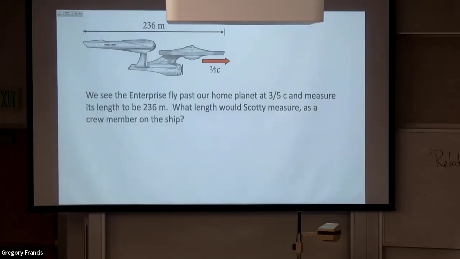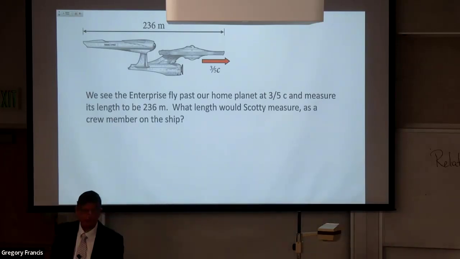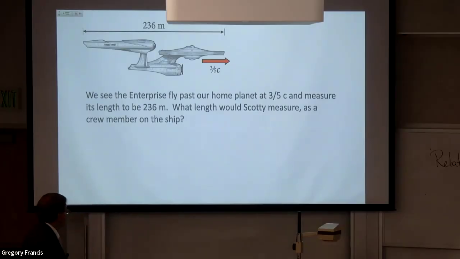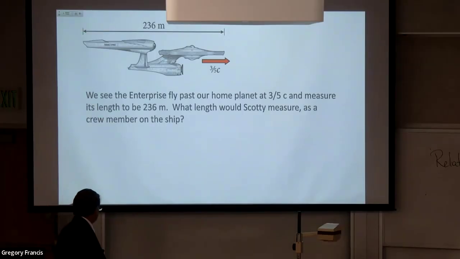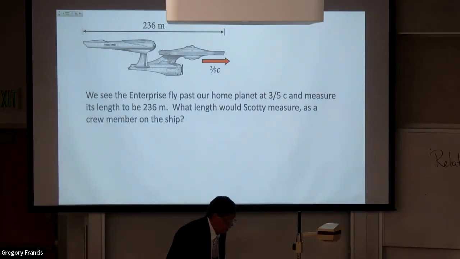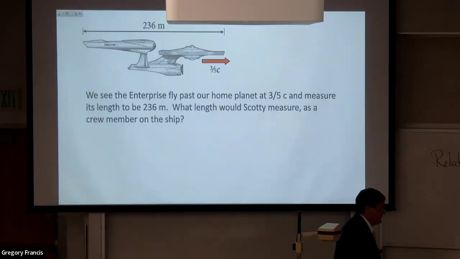Now, let's practice this. We see the USS Enterprise fly past our home planet at 60% the speed of light, 3/5 the speed of light, and we measure its length to be 236 meters. What length would Scotty measure as a crew member on the ship?